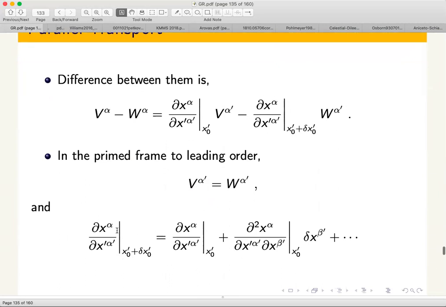So del x alpha by del x prime alpha prime at x naught prime plus delta x naught prime is equal to del x alpha by del x prime alpha prime at x naught prime plus the second derivative piece, which is the next piece in the Taylor expansion, the second derivative with respect to x prime beta prime. The prime is missing here, but that's what it is. Any question?